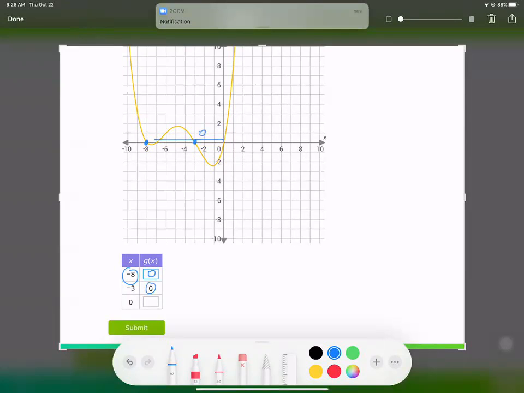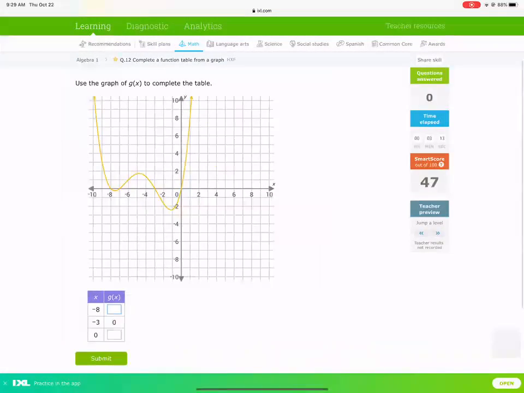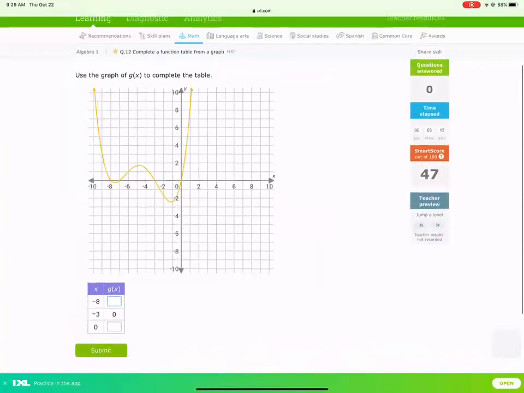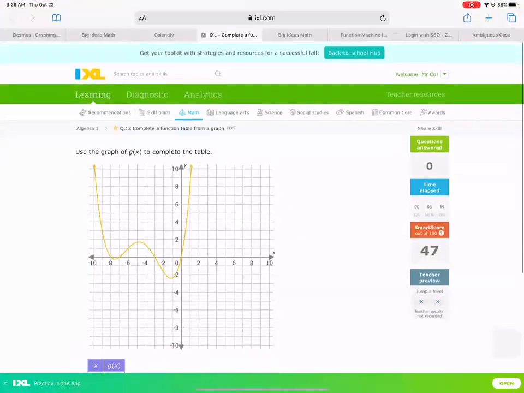And at 0, it's also going to be 0. Okay, so these problems aren't super difficult, but you want to do them as fast as you can, so we can get it out of our way and make sure it makes sense to you.